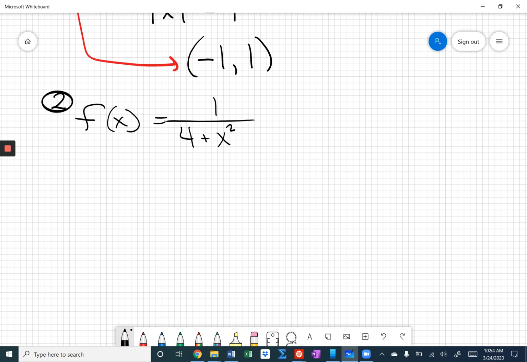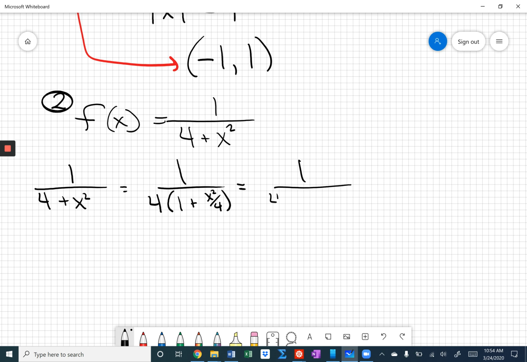All right, same idea, except we have a little bit of algebra to do here first. So I'm going to do some factoring in the denominator here and get this expression. And then I'll do a little more algebra just to make sure it's clear exactly how I'm thinking about this.